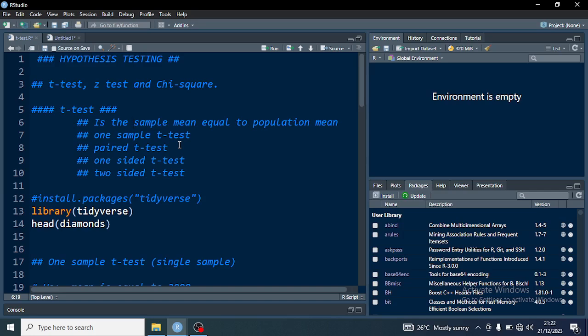That's the null hypothesis and the alternative hypothesis. So we are testing to reject the null hypothesis, and if the p-value is very small, that is, it is less than a certain threshold, and this threshold is our alpha value. So if the p-value is less than the alpha value, that means we reject the null hypothesis.